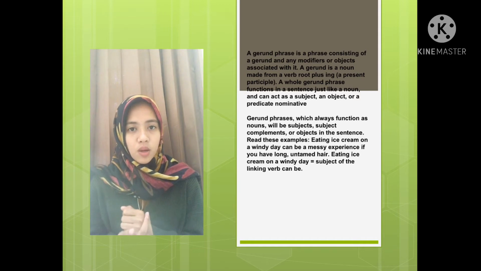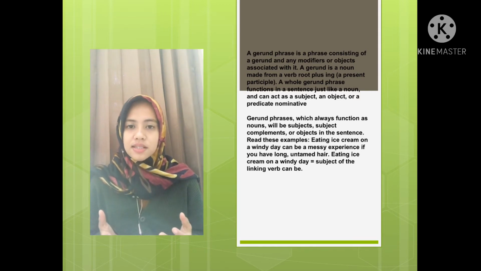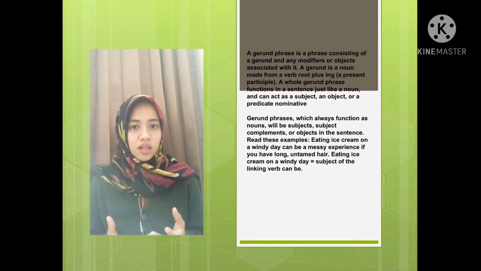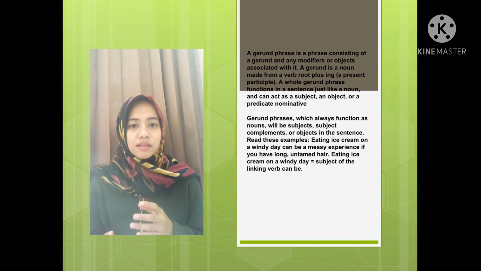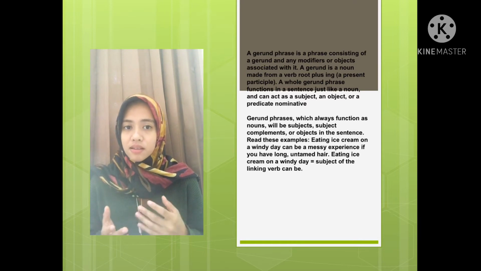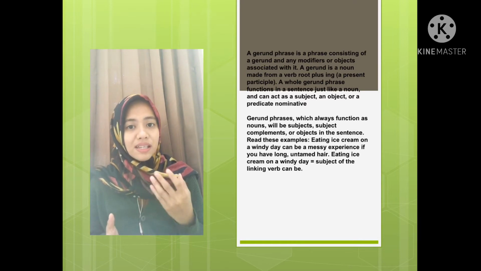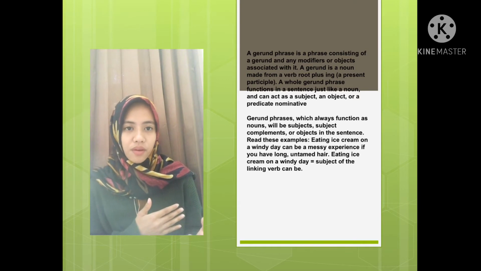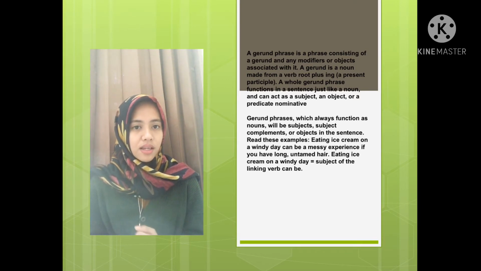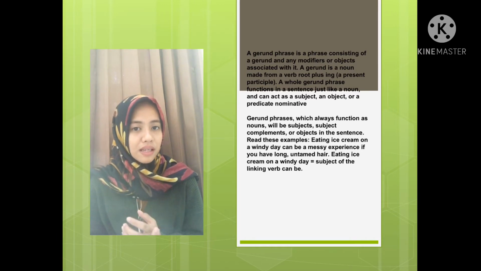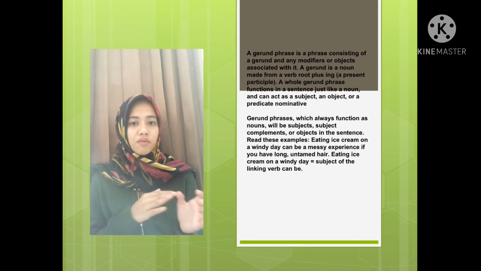Gerund phrases, which always function as nouns, will be subjects, complements or objects in the sentence. For example: eating ice cream on a windy day can be an amazing experience if you have long, unmarried hair. Eating ice cream on a windy day is the subject of the sentence.